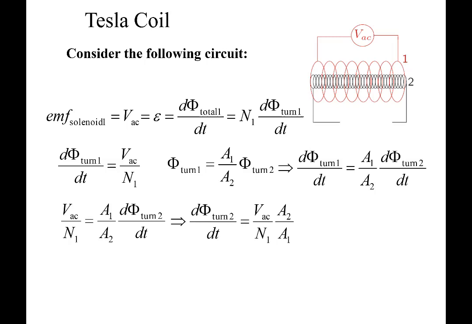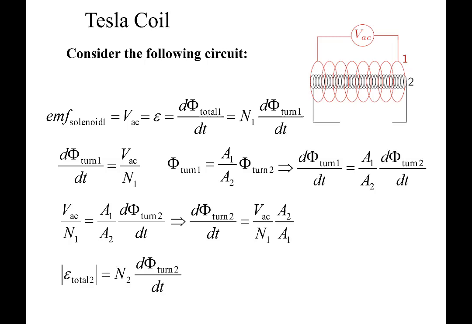Now we can rearrange that expression so that we know what the rate of change of magnetic flux in one turn of coil 2 is. And of course, the total amount of magnetic flux in coil 2 is simply the number of turns in coil 2, that will be N2, times the rest of the expression that we have just derived.